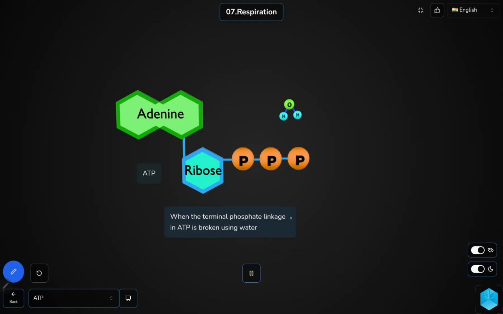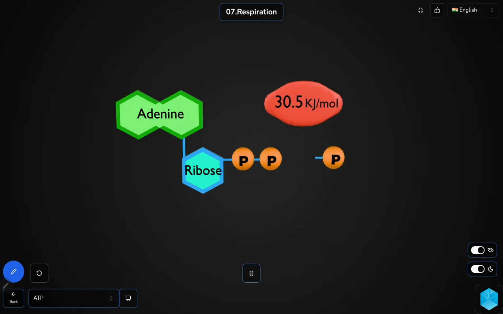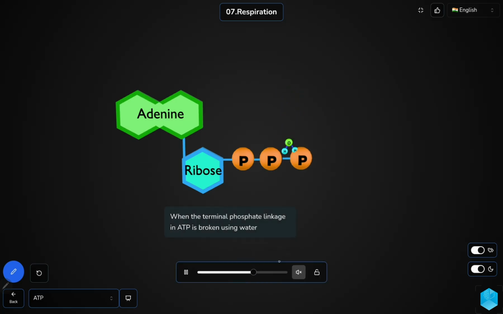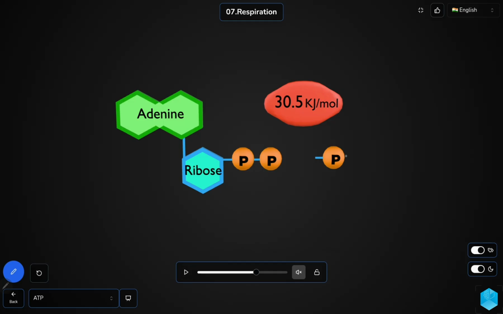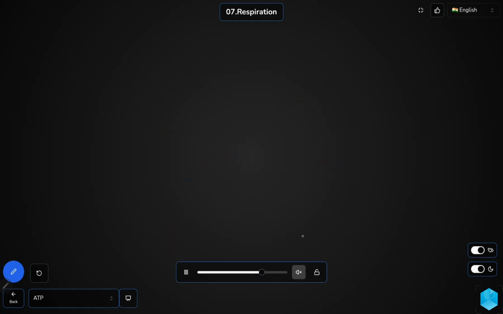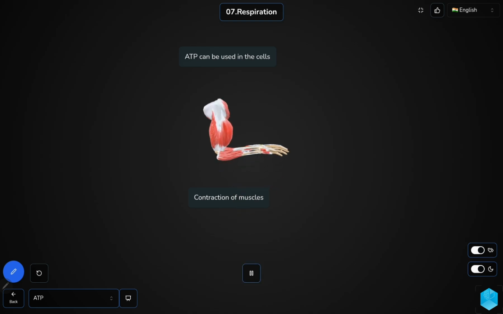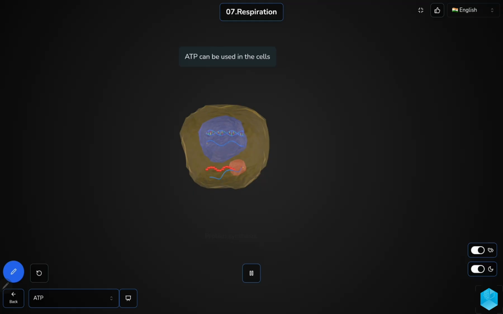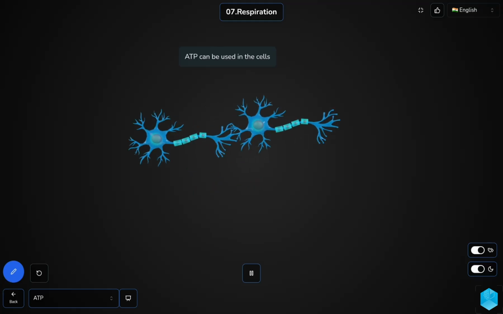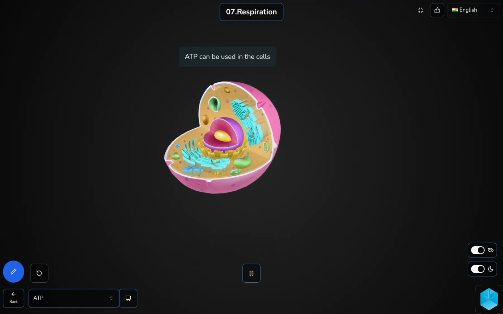When this phosphate is utilized for different activities, one phosphate liberates about 30.5 kilojoules of energy per molecule, and this energy is utilized for different activities in our body like contraction of muscles, protein synthesis, conduction of nerve impulses, and many other cellular activities.